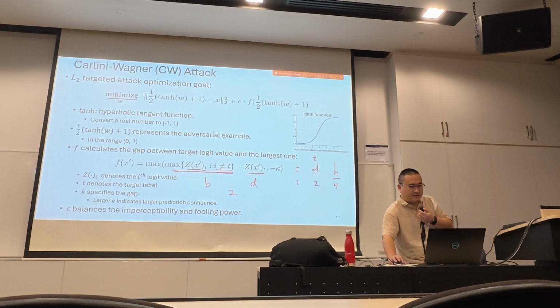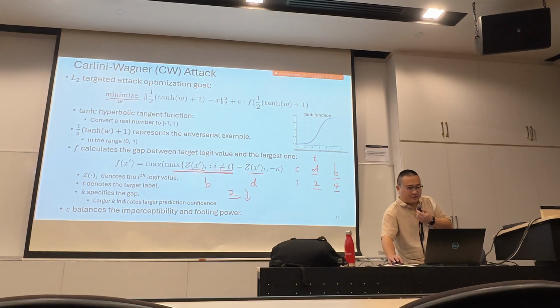So here is the minimize. We want to decrease this difference. What will happen is that we will decrease the logit for the bird, and at the same time, we will also increase the value for the dog. After some iterations of the optimization, for example, we can see that the logit for dog can be 5, and the logit for the bird can be smaller, for example, 3.